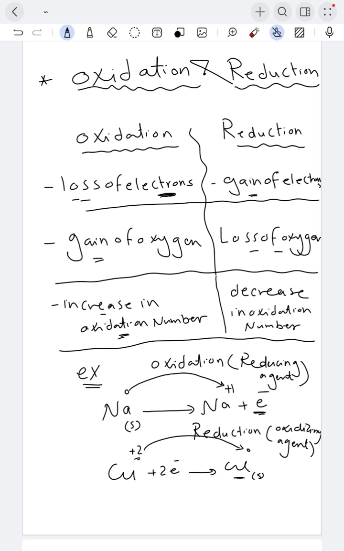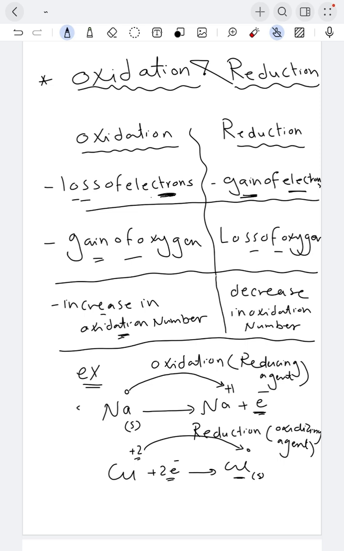Or I can look at the electrons here. You can see electrons here in the reactant, which means gain of electrons, and we mentioned that reduction means gain of electrons. So I can look at the equation and detect whether it is oxidation or reduction according to three things: loss of electrons, gain of oxygen, or increase in the oxidation number.